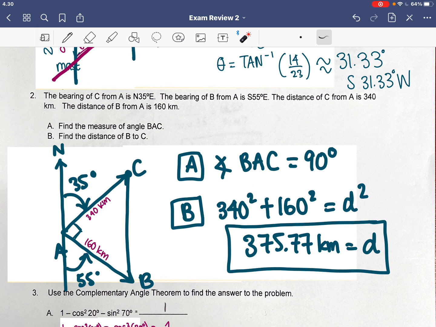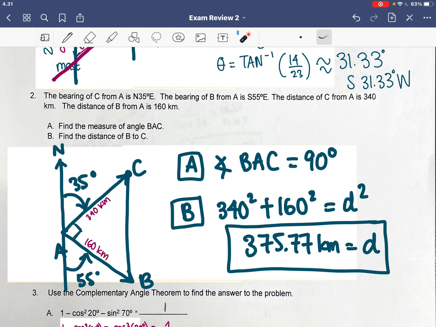Okay, the bearing of B from A is south 55 degrees east. How did I know that B is here? Again, coming from A and drawing the true north, I would go south, okay, and then since east is this way, I would go 55 degrees. That's where B is.